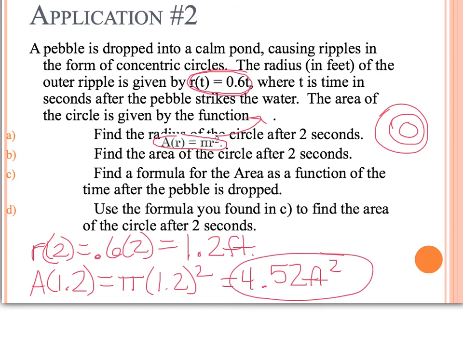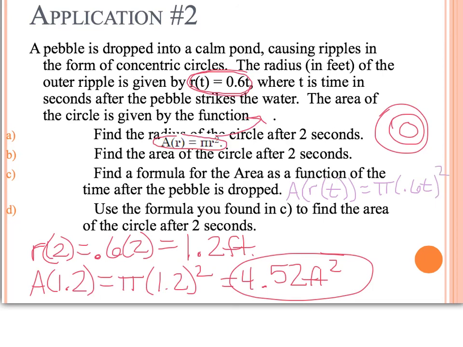And then find a formula for the area as a function of time. That's just a composite function. The area of the radius of time. And so we're going to take our r of t function and substitute it in. So pi times 0.6t squared.